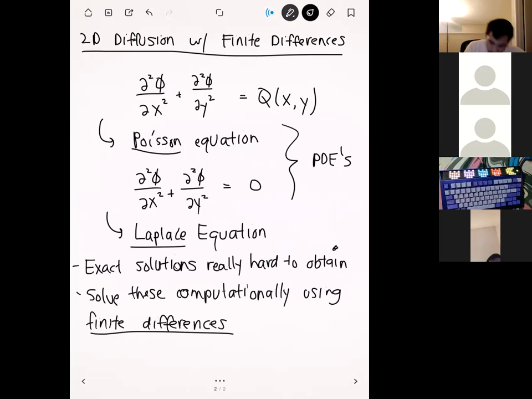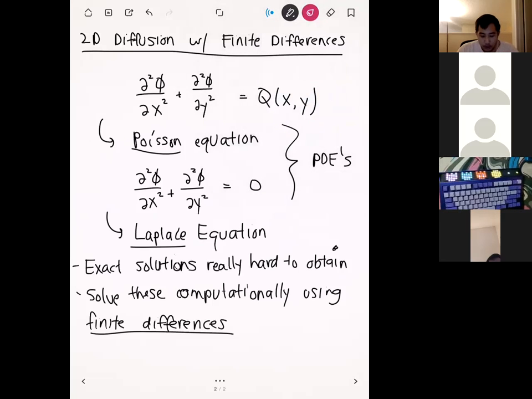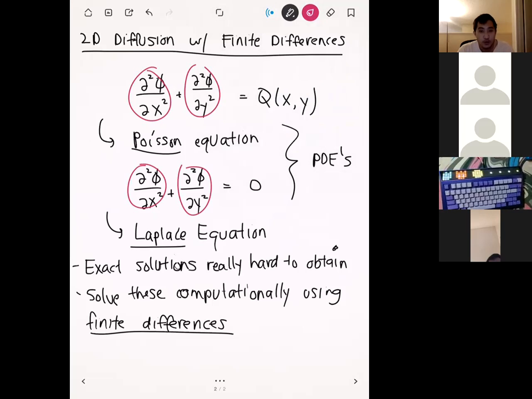Okay. And so actually, the method that we're going to follow here is exactly the same as what we've been doing before. It's just that now we're going to apply the finite difference method twice to two different derivatives here. Okay. And so, the way that we're going to turn this into an algebraic equation is we're going to take both of these derivatives and apply finite differences to turn them into an arithmetic expression.